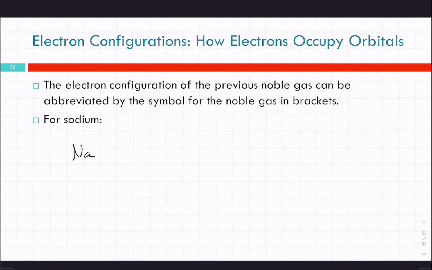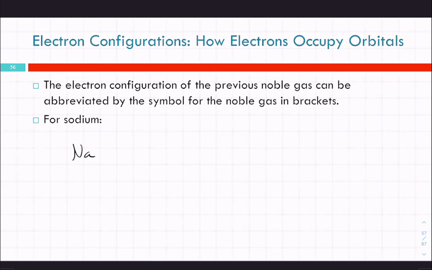So if you were in row 4, which starts with potassium, ends with krypton, you would use argon as your shortcut. If you were in row 5, which starts with rubidium, Rb, you would use krypton as your shortcut. So we always use the noble gas before.